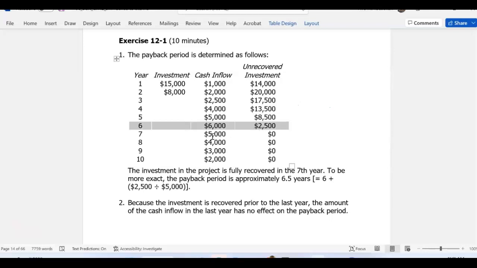But then in year 7, we have 5,000, and 2,500 out of 5,000, that's 0.5. 0.5 year, half a year. So 0.5 plus 6 gives you 6.5 years to recover.